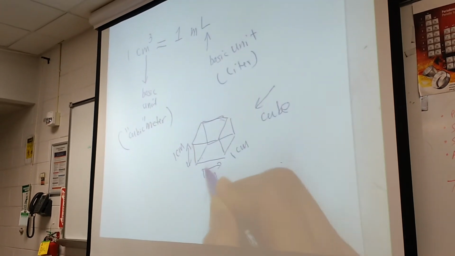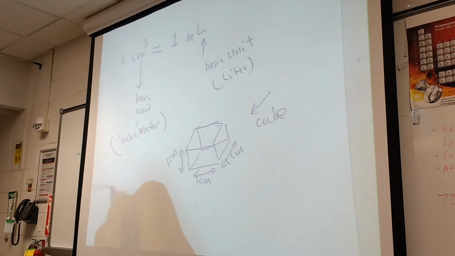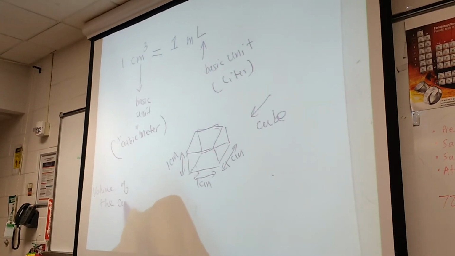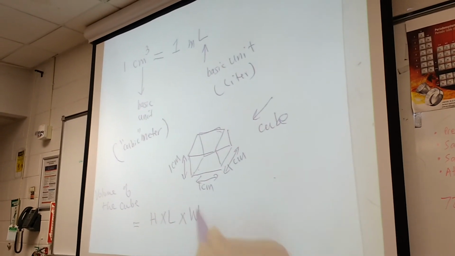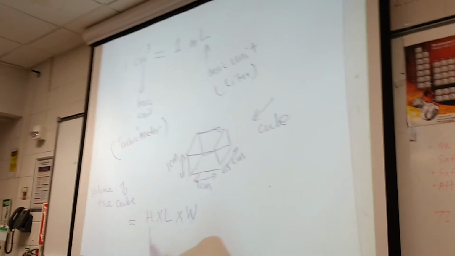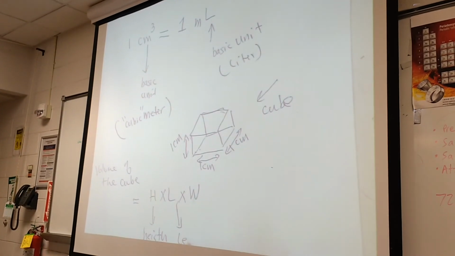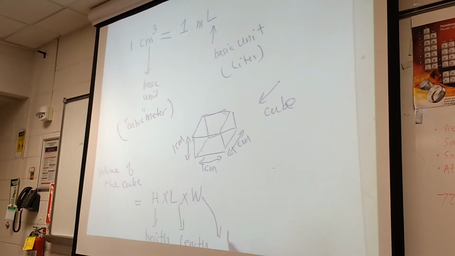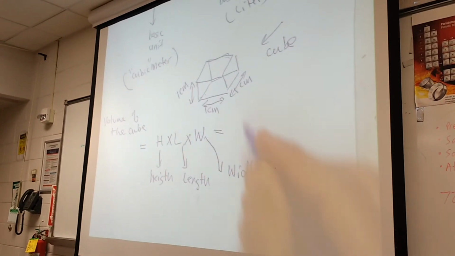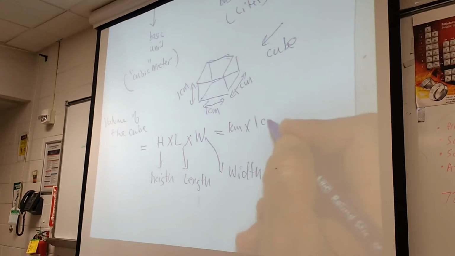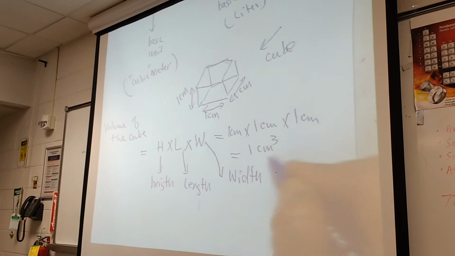So I have the volume of the cube is height, length, multiplied by width, correct? H means height, L means length, W means width. And this turns out to be, believe it or not, 1 centimeter multiplied by 1 centimeter multiplied by 1 centimeter is 1 centimeter cube, correct?